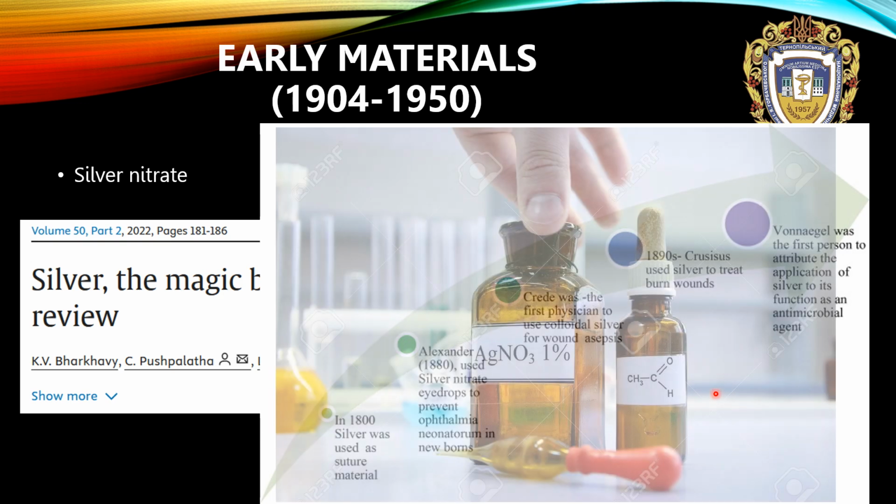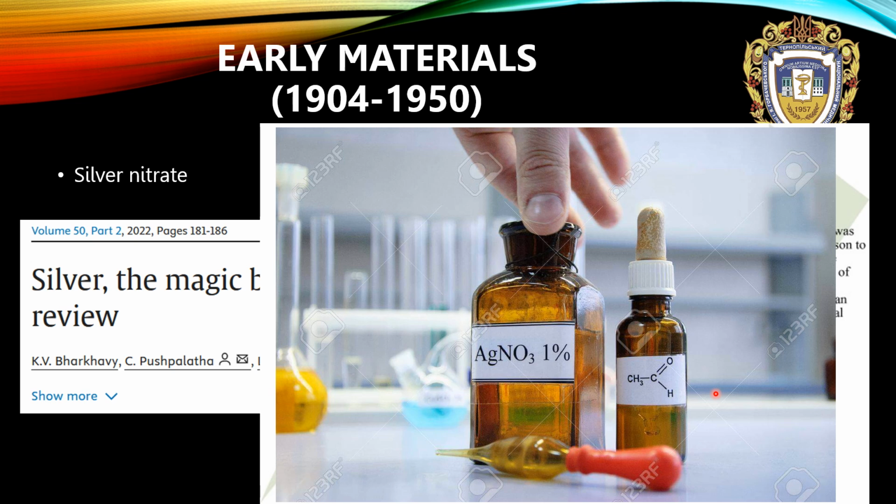Then Crozius in 1890s used silver to treat bone wounds. And then Vonnegut was the first person to attribute the application of silver to its function as an antimicrobial agent.